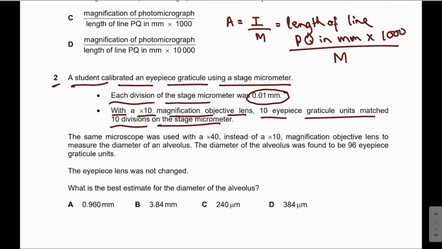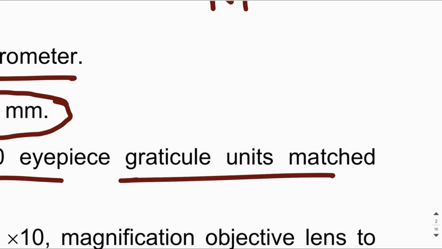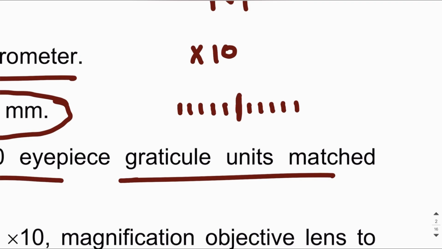So guys, basically they are saying that at the magnification of ×10, eyepiece graticule units, 1 2 3 4 5 6 7 8 9 10. So these are 10 divisions from 0 till 10, right? 1 2 3 4 5 6 7 8 9 10.